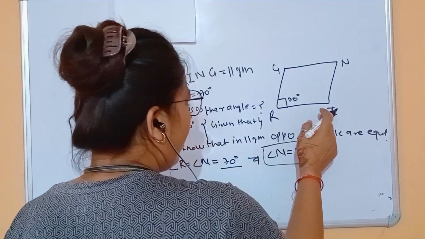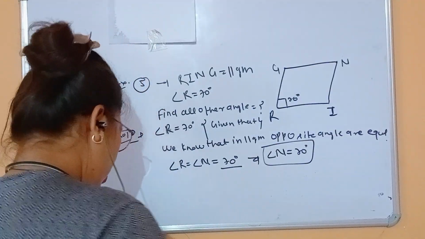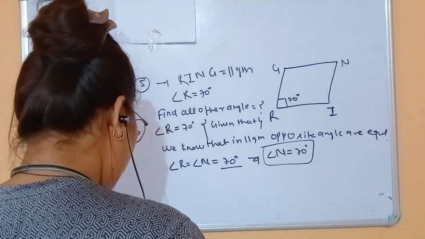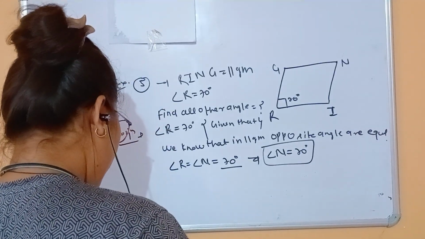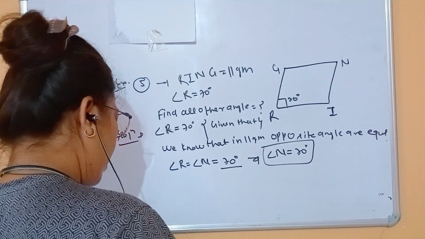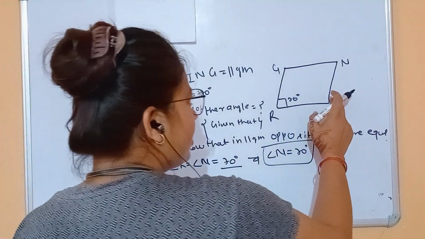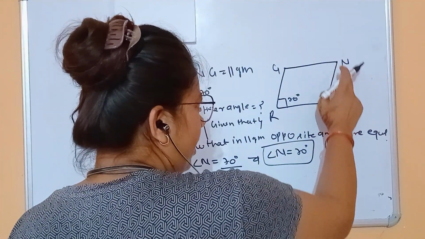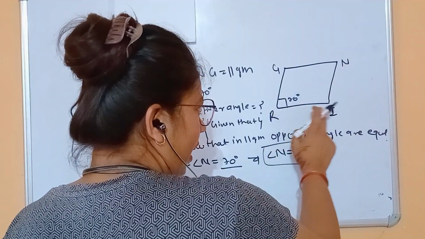Then what is remaining? Angle I and angle G. Angle I is equal to 180 degrees minus 70, because it is a supplementary angle. Angles R and I are supplementary.